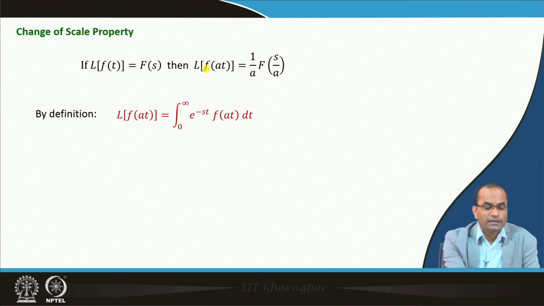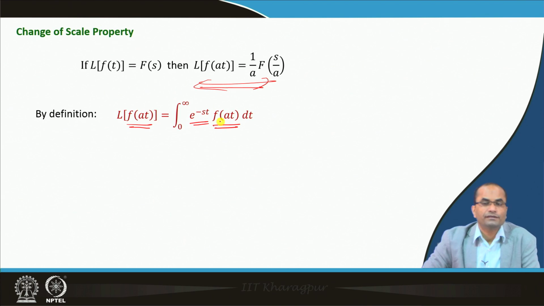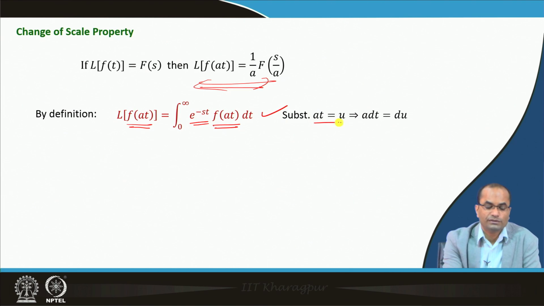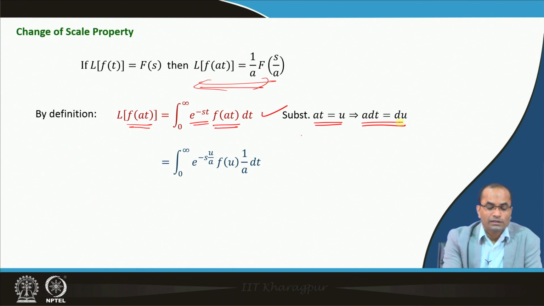Here also we can use the definition to prove this and get the idea of how the property comes up. We have the Laplace of f(at), then by definition we have the integral of e^(-st) f(at) dt. If we substitute at = u, that means we have a dt = du.